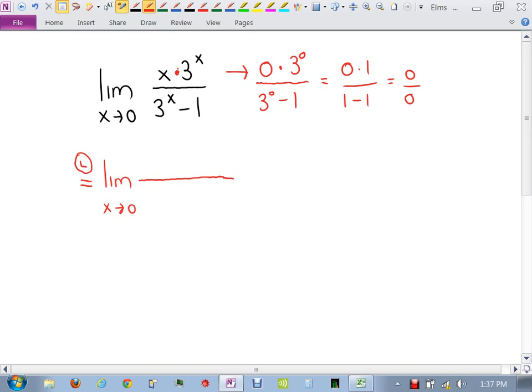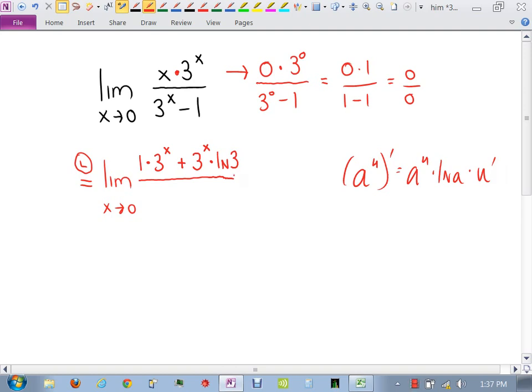So the derivative of a product is the derivative of the first one, 1, times the second one, plus the derivative of 3 to the x itself times ln 3. That comes from last class: the derivative of a to the u is a to the u natural log a times u prime. So it's times a 1 at the end, but we don't need to put it.